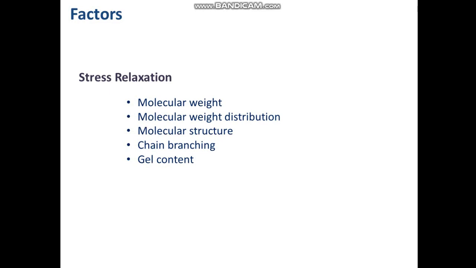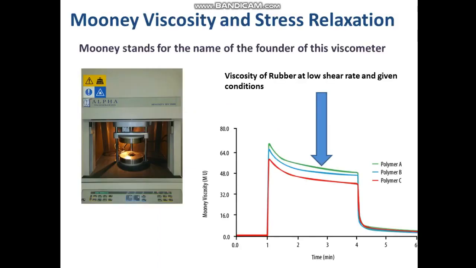Then we'll see what factors affect the stress relaxation properties, meaning the elastic response of natural rubber. Those are molecular weight distribution, molecular structure, chain branching, and gel content.